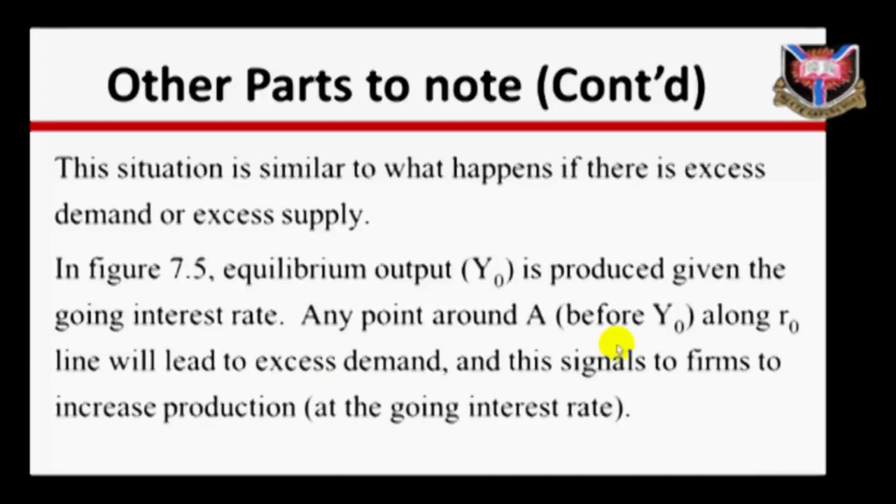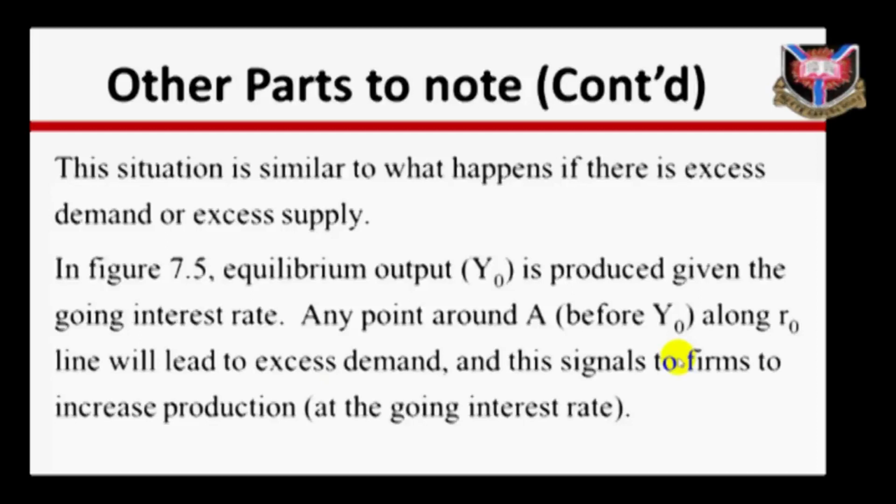Any point A before Y naught along the R naught line will lead to excess demand, and this signals to firms to increase production. Thus, any point to the left of the IS curve holding interest rate constant will lead to excess demand, mount pressure on output, causing inventory to fall and forcing firms to increase production.